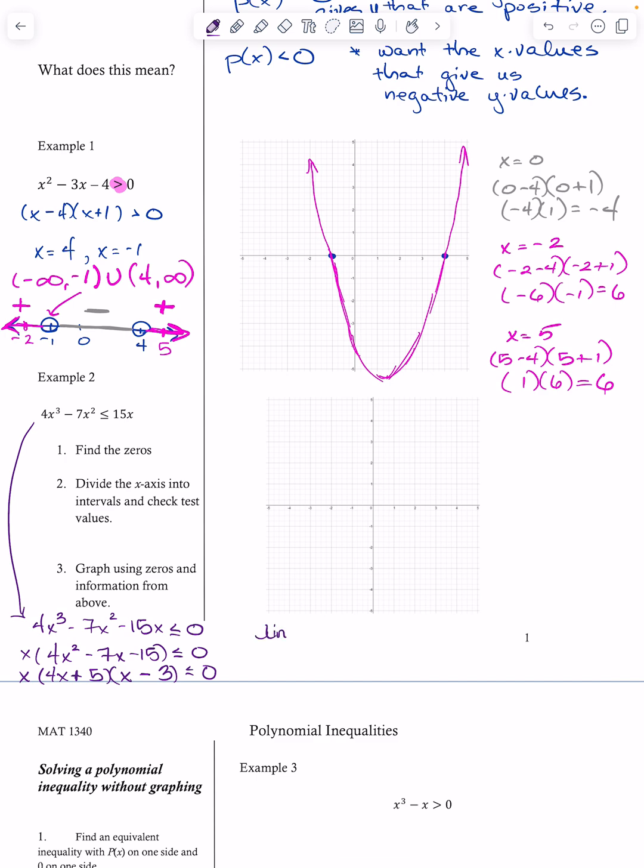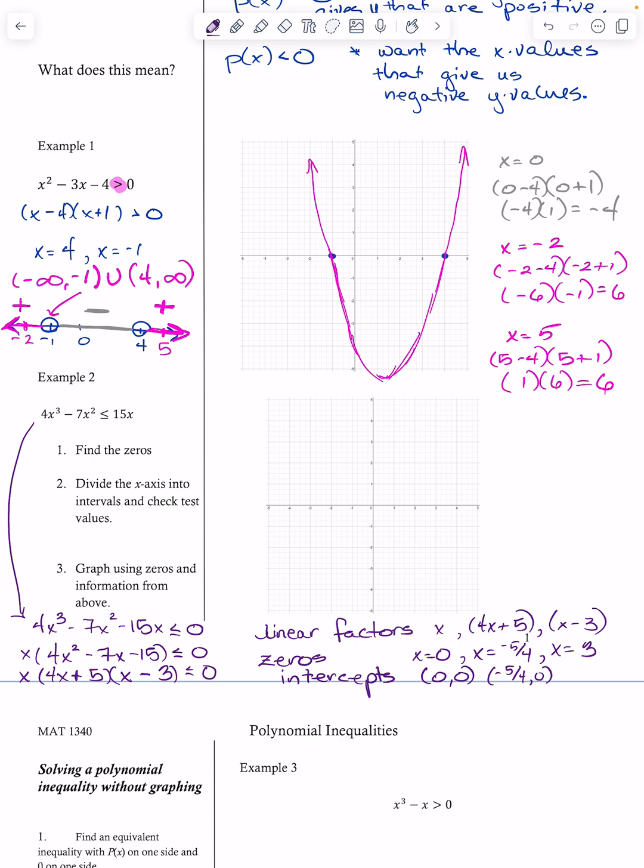So a review, my linear factors are x, 4x plus 5, and x minus 3, which means my zeros are at x equals 0, x equals negative 5 over 4, and x equals 3, which means my intercepts are at 0, 0, negative 5 fourths, 0, and 3, 0.